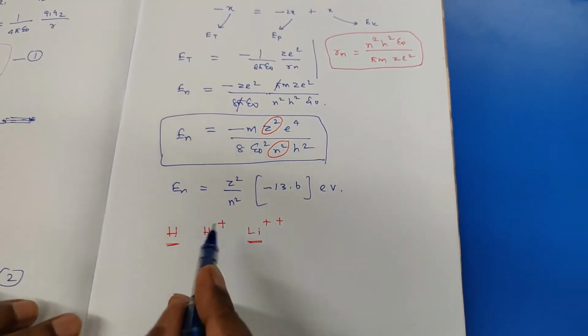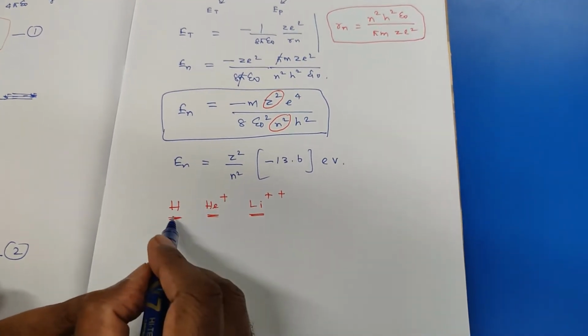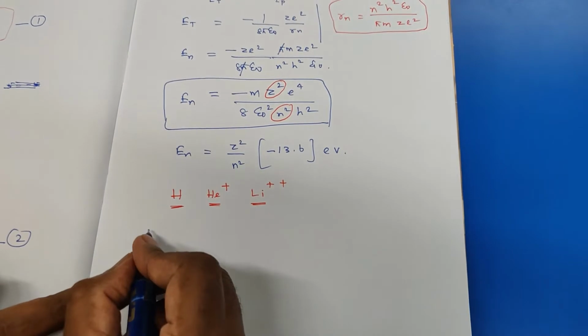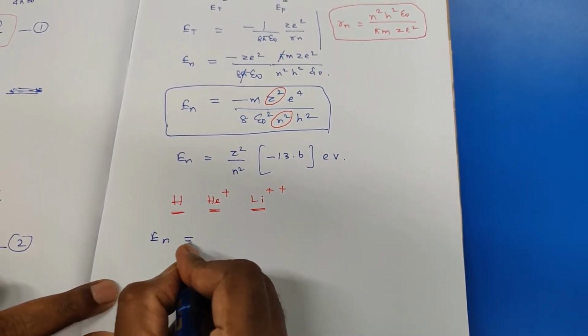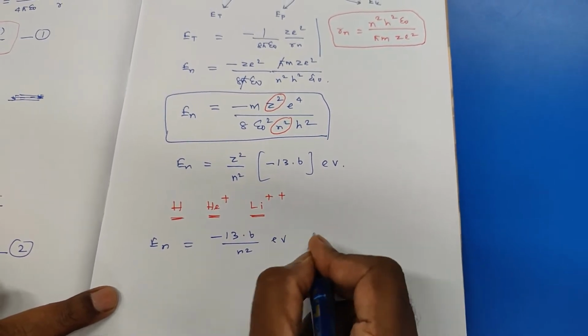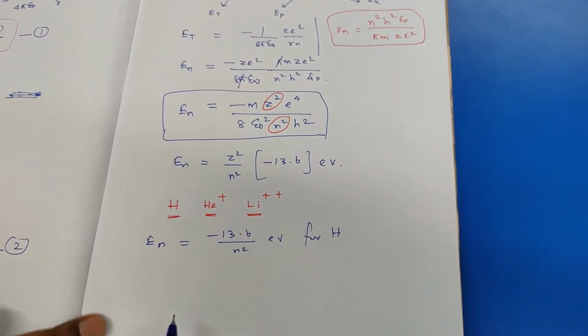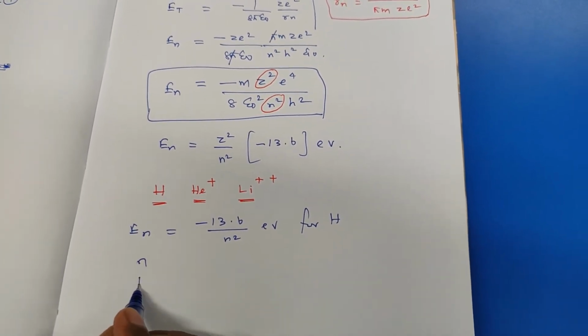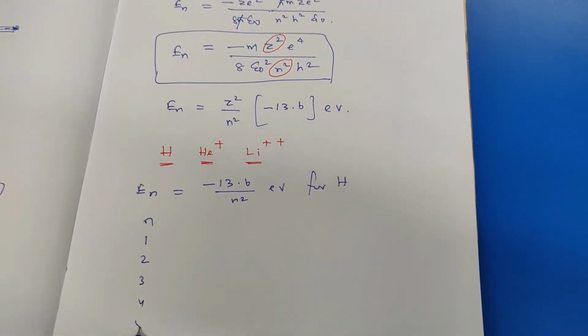Okay. Now I am going to calculate the values for hydrogen and also for helium, lithium. Okay. I put Z is equal to 1. So En is equal to minus 13.6 by n square electron volt. This is for hydrogen. Okay. I make a table, n is equal to 1, 2, 3, 4, 5, like that.